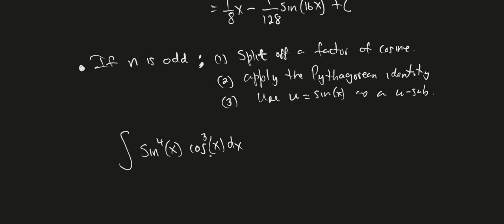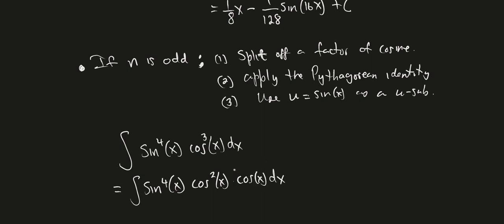Because the cosine function has the odd power, what we're going to do is this. I'm going to write cosine cubed as cosine squared times cosine. And that's that first step where it says split off a factor of cosine. So write this as cosine squared x times cosine x dx.